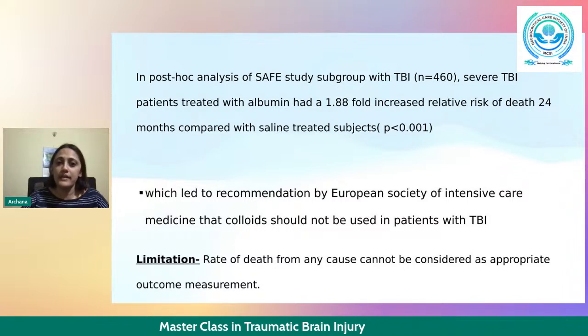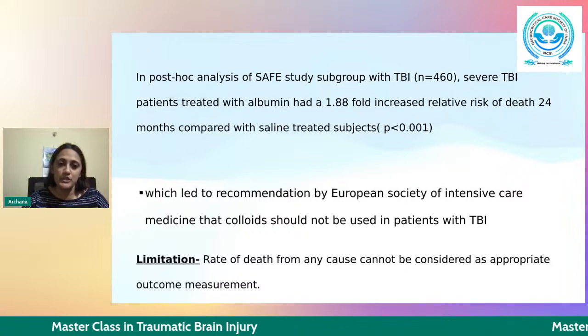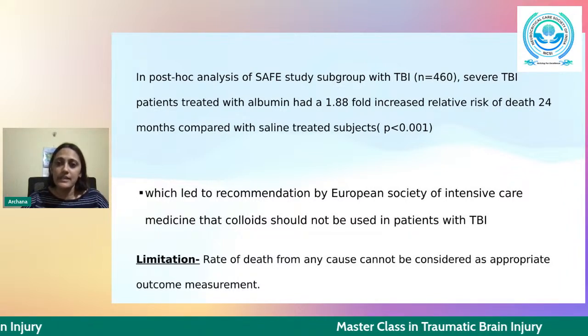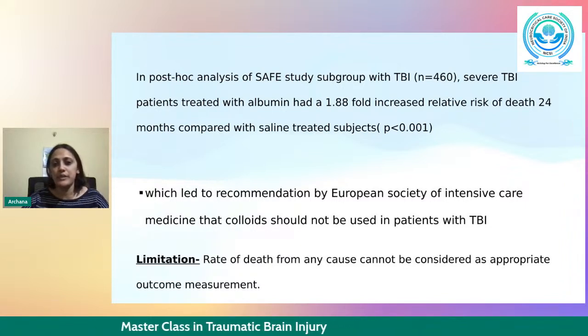It showed that in the patients treated with 4% albumin, there was a 1.88-fold increased relative risk of death at 24 months compared to the saline treatment group.